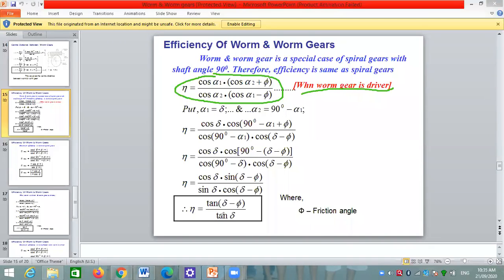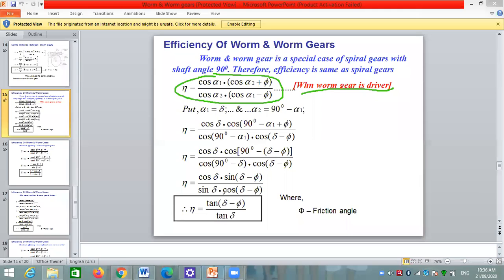Okay, then if we take the minus sign common, we get cos of delta into cos of 90 minus delta minus phi, divided by cos of 90 minus delta into cos of delta minus phi.